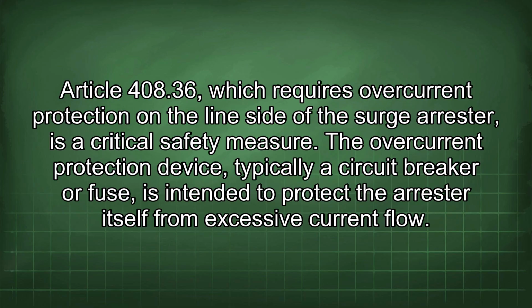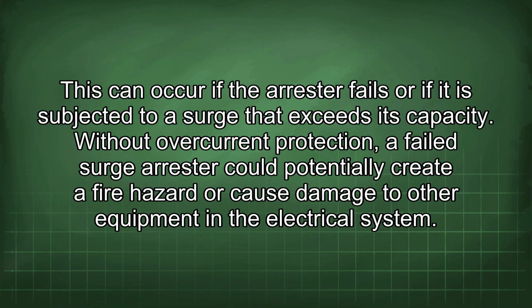Article 408.36, which requires overcurrent protection on the line side of the surge arrestor, is a critical safety measure. The overcurrent protection device, typically a circuit breaker or fuse, is intended to protect the arrestor itself from excessive current flow. This can occur if the arrestor fails or if it is subjected to a surge that exceeds its capacity.